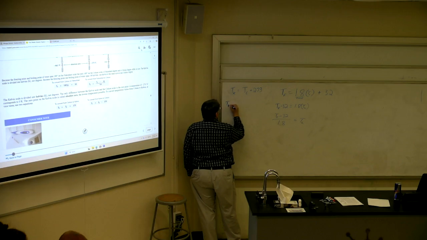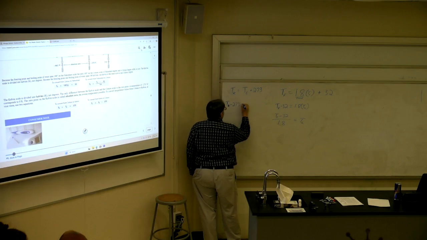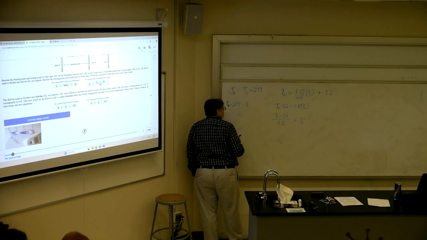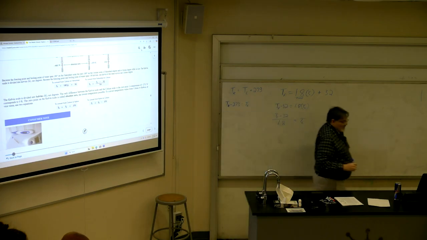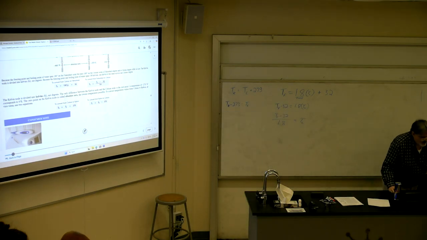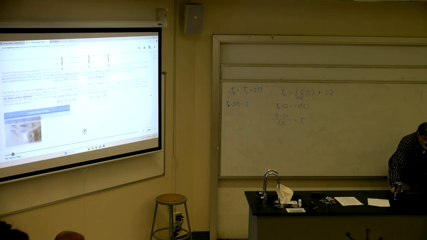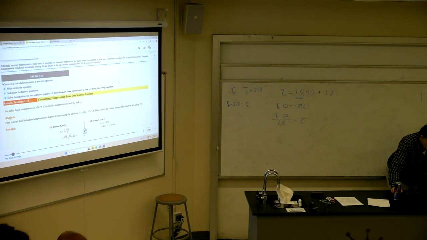In Kelvin, you could do that too. Temperature in Kelvin minus 273 is the temperature in Celsius. So applying this is really just about being careful with the addition subtraction rule.